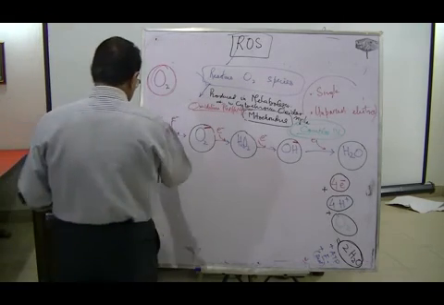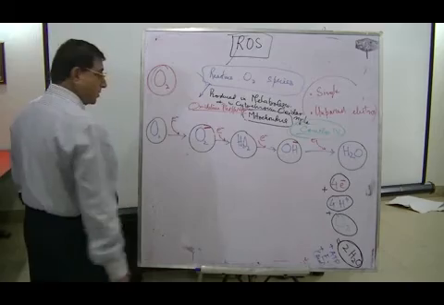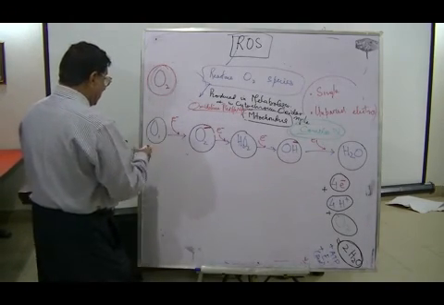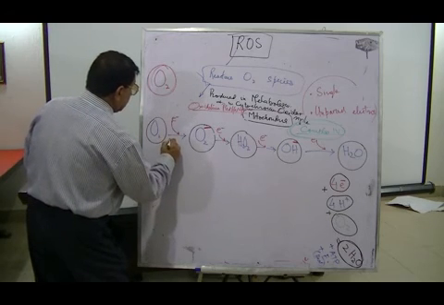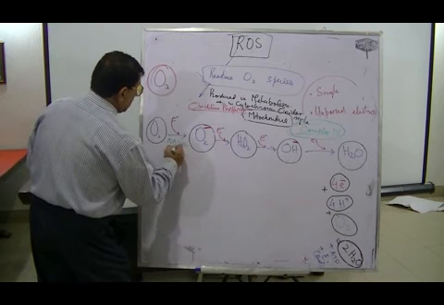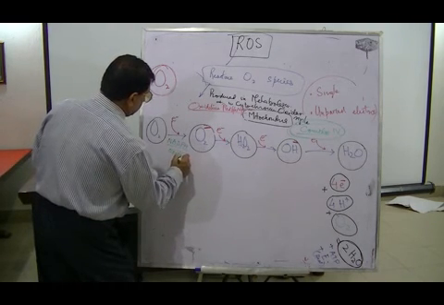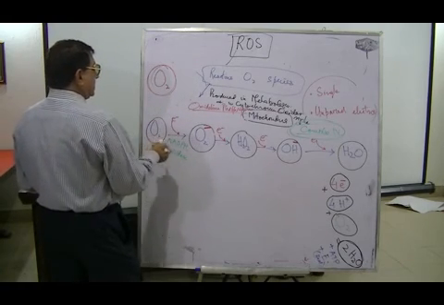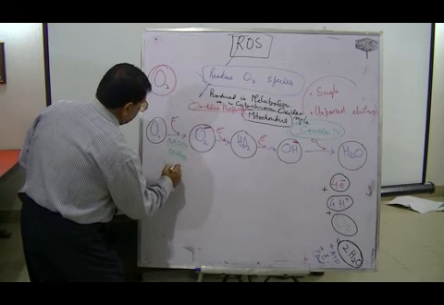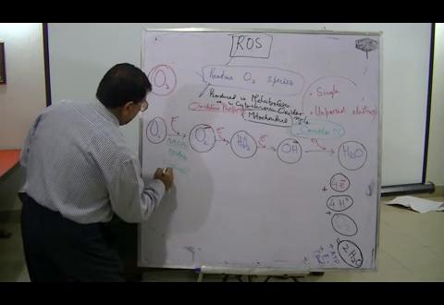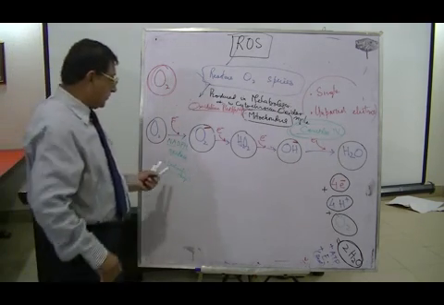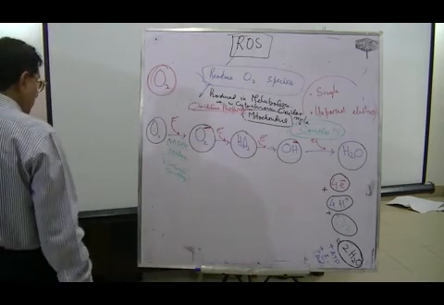For example, how is superoxide formed? It is formed by NADPH oxidase, in leukocytes, and in macrophages, and also in the steps of oxidative phosphorylation.